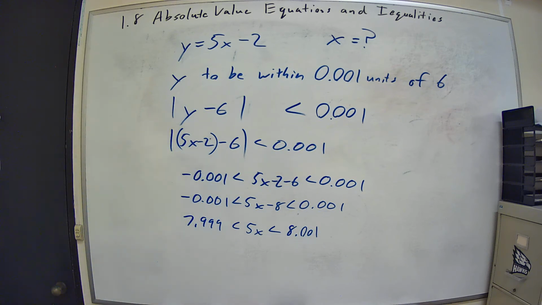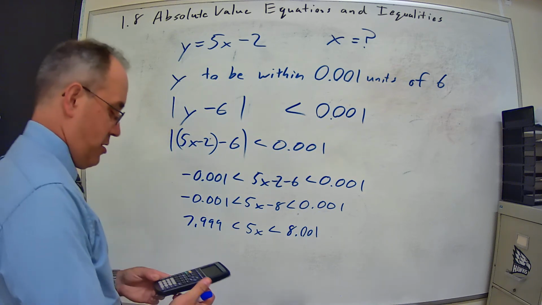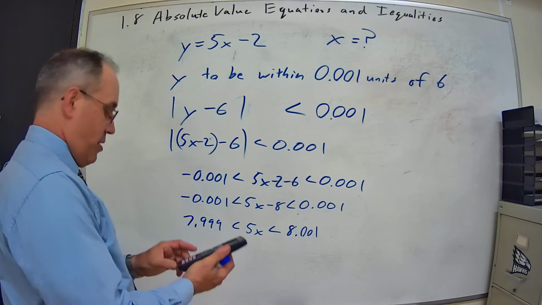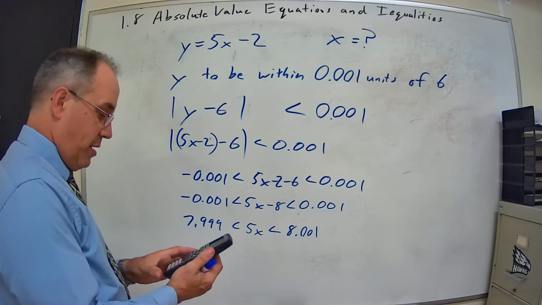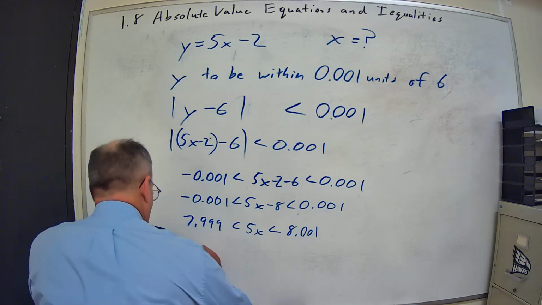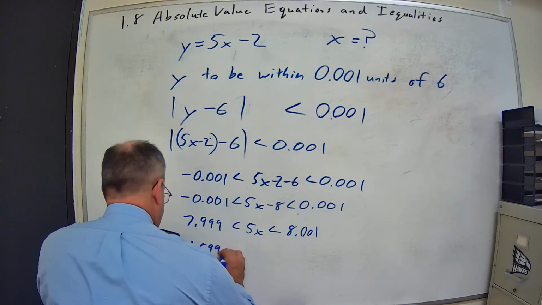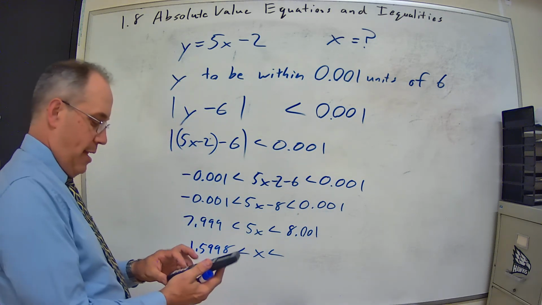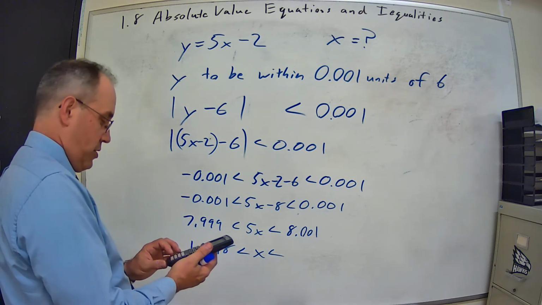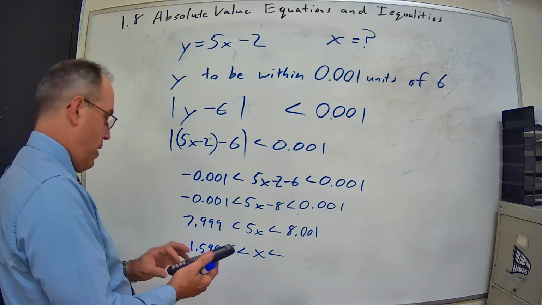Let me grab my calculator because that's going to need to be done there. So 7.999 divided by 5 gives us 1.5998 less than x less than, and then 8.001 divided by 5.